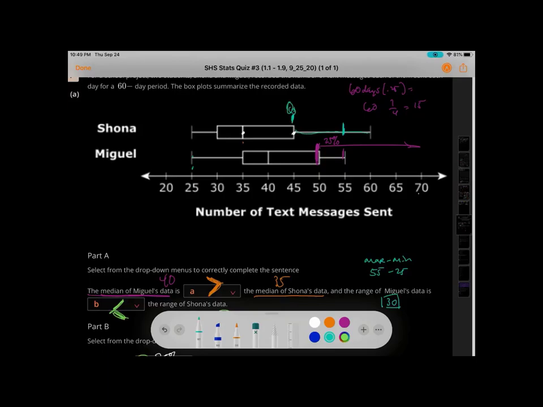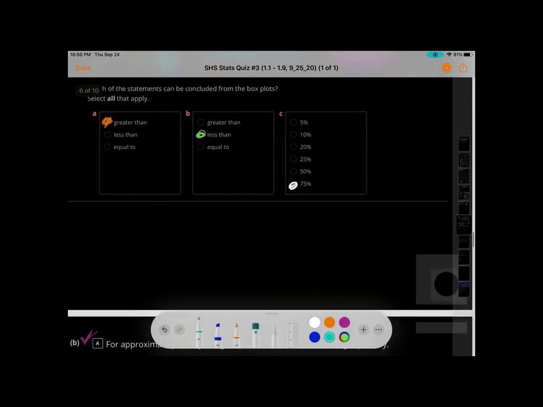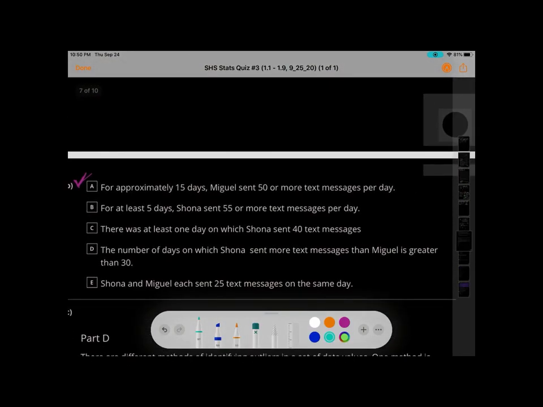So this represents 25% of data, and half of the 25% would be around where she is, which would be half of 15, because we know this represents 15 days, so that would be 7.5 days or less. For at least 5 days, she sent 55 messages or more. I would say yes.